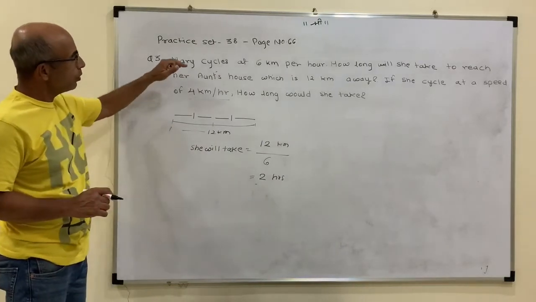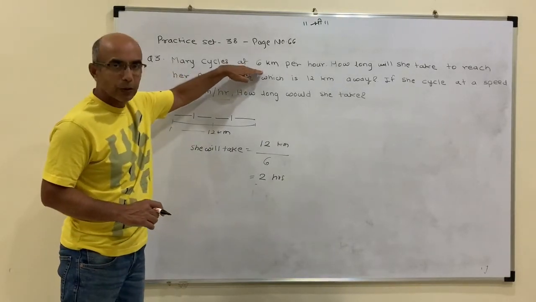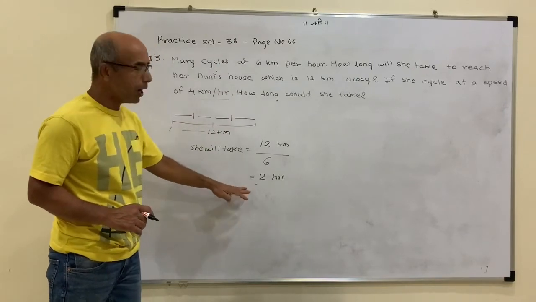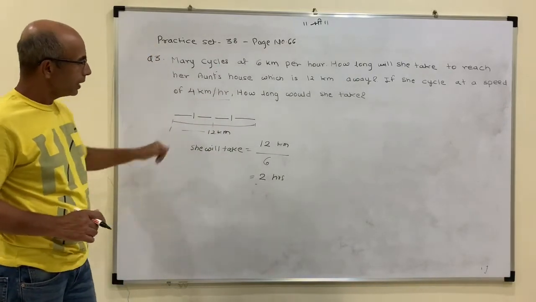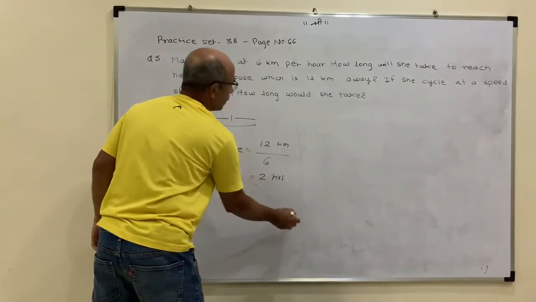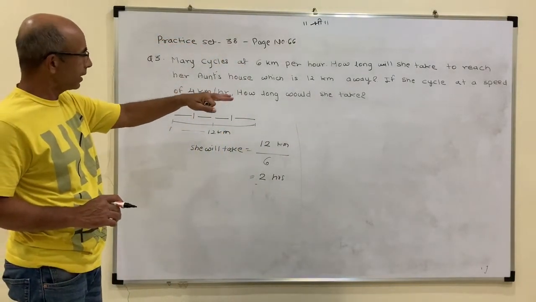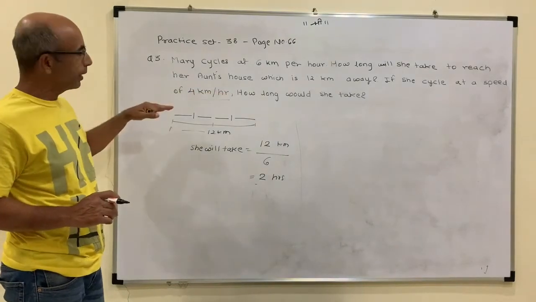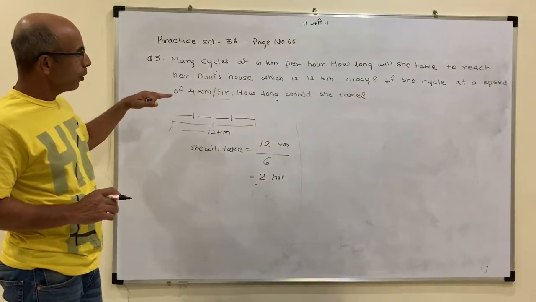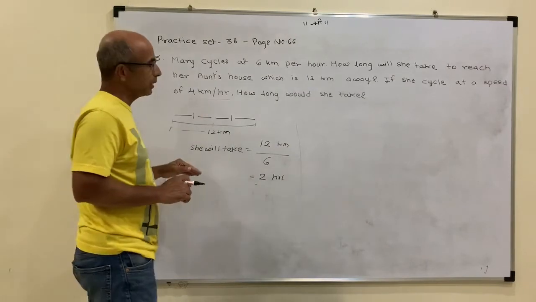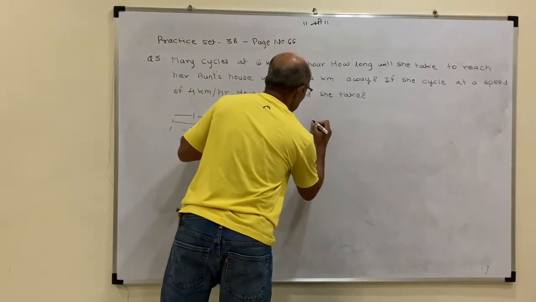So now we know at the rate of 6 kilometers per hour she needs 2 hours. Now we solve the next part of the question. How long will she take if she cycles at a speed of 4 kilometers per hour? Let's consider that as x.